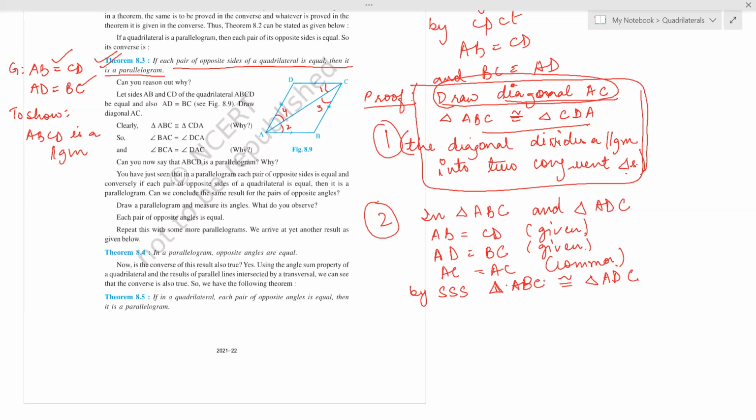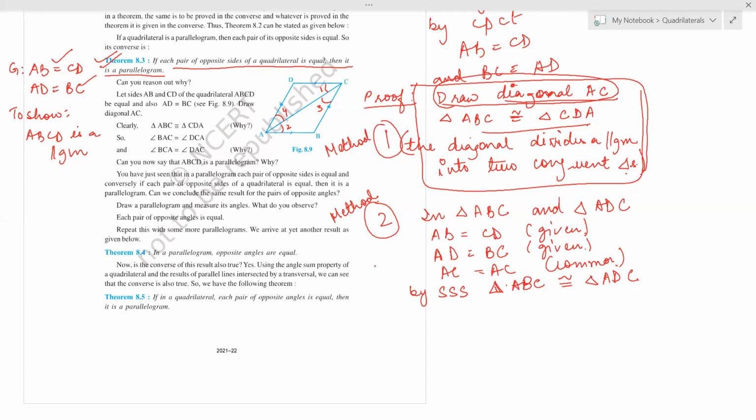Done? You can note down both the methods, okay? In your copy, write method number 1 or method number 2. Any method you can use. So the point is actually to prove that the two triangles are congruent. Okay.